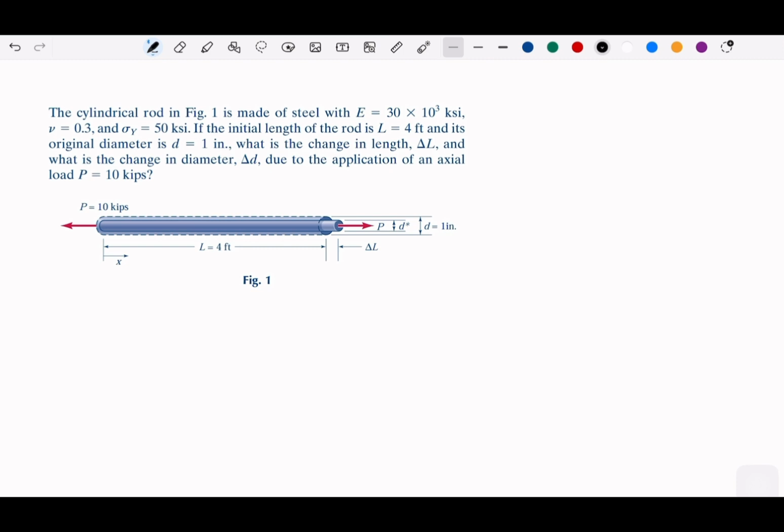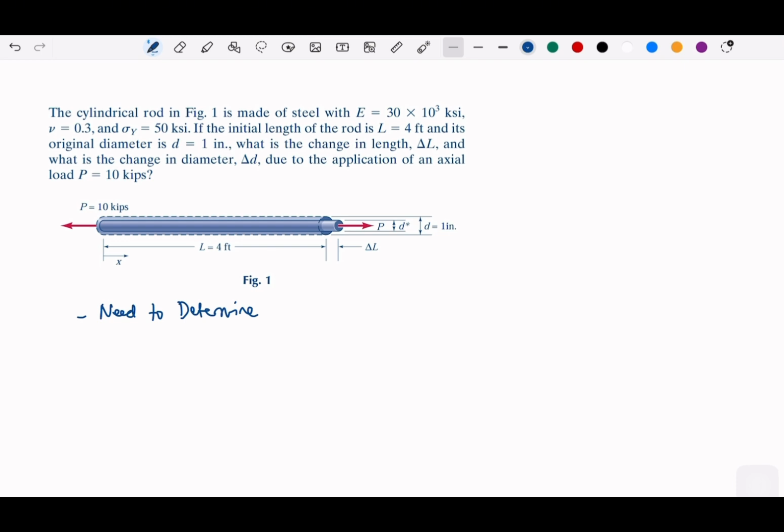So what we need to do first, we need to determine, so first, need to determine what?